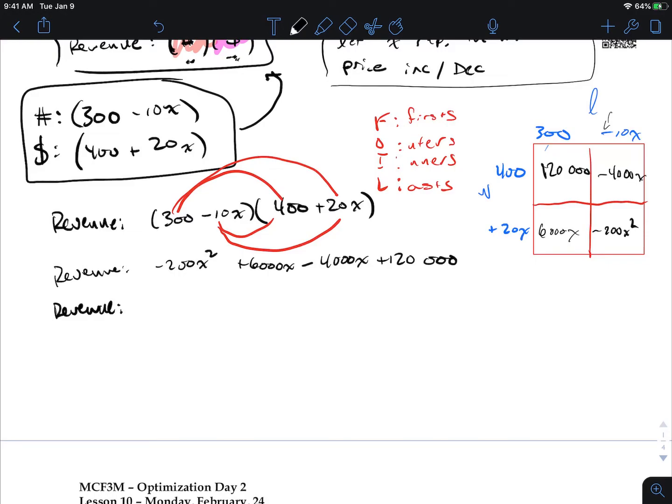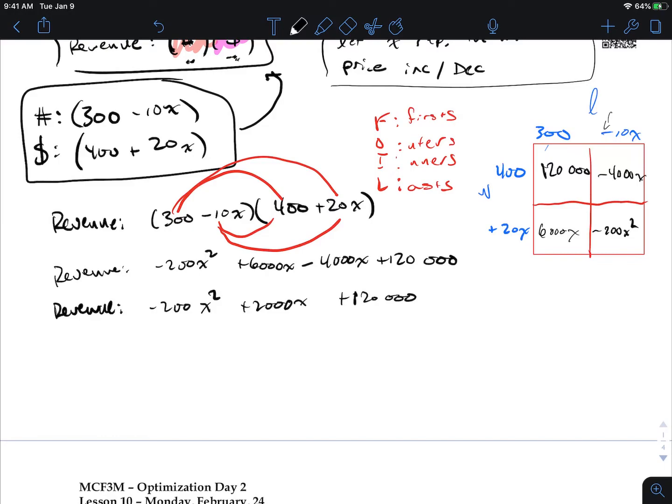Now I'm just going to clean up the two middle terms: negative 200x squared plus 2,000x plus 120,000. So that's your revenue. I could plug in price increases and get out the amount of money that I'm going to make or lose.